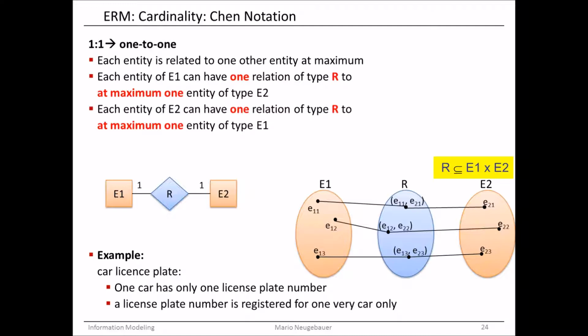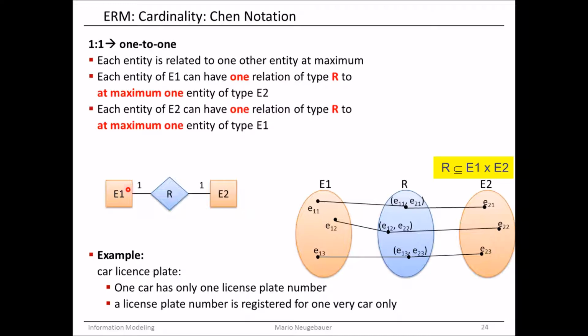So you saw in the explanation that if you start from this entity set, you don't use this number for the description, you use this number for the description of how many entities are allowed to connect to this first one. And vice versa. You start here without talking about this number. Just say, yeah, there is a relationship to at most one other entity.